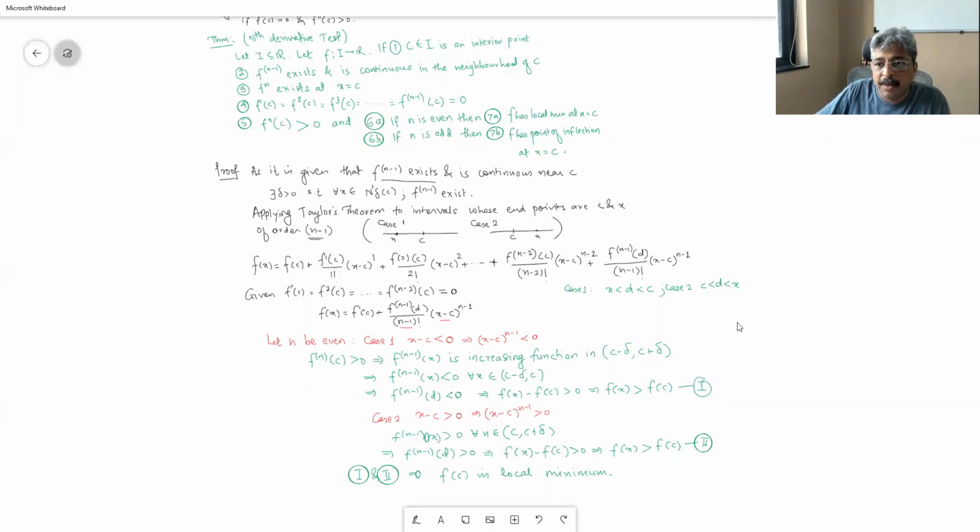Applying Taylor's theorem makes our life very easy because everything is zero in between, therefore we get this relation directly: f of x and f of c to the n minus 1th derivative. If you have a doubt, note it down and think about it, and then I will give you the definition of point of inflection, and then we will see what happens if n is odd.